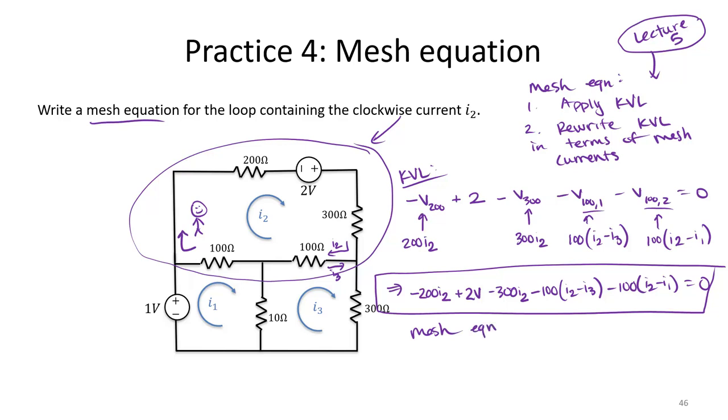Notice that if I'm asking you just for the mesh equation, you can leave it in this form exactly. You don't need to simplify this equation further unless I had asked you to actually solve for those currents.